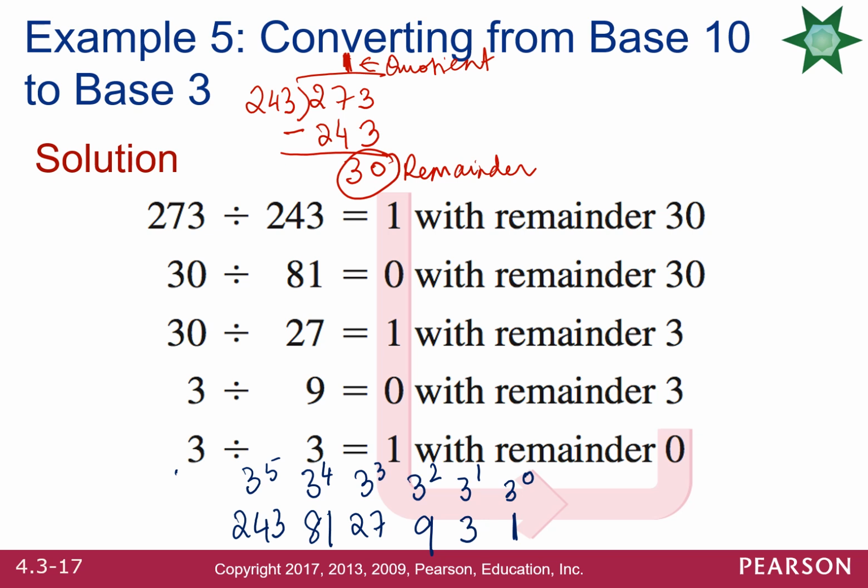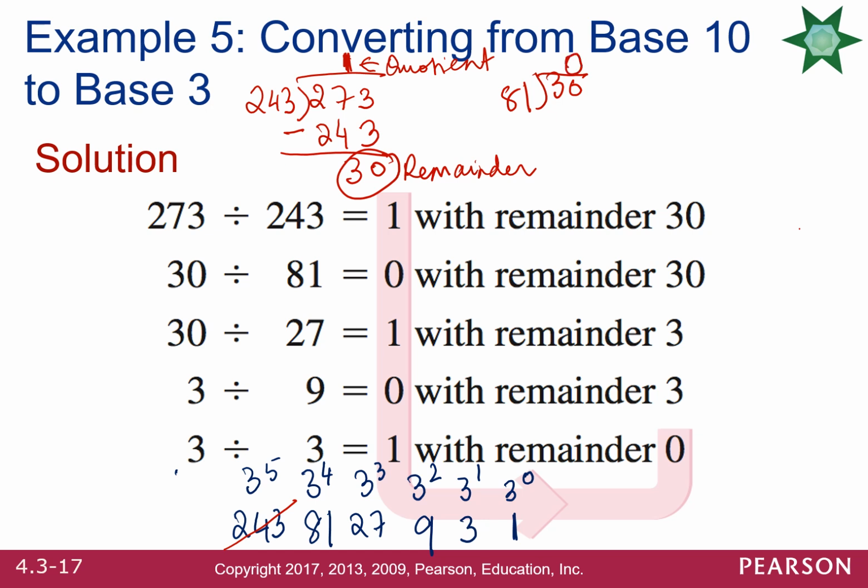We already finished our division by 243. I'm going to cross that out. The next place value is 81, correct? So we have to take this remainder and divide it by 81 and then see what the result is going to be. So 30 divided by 81. 81 goes into 30 how many times? 0 times, right?